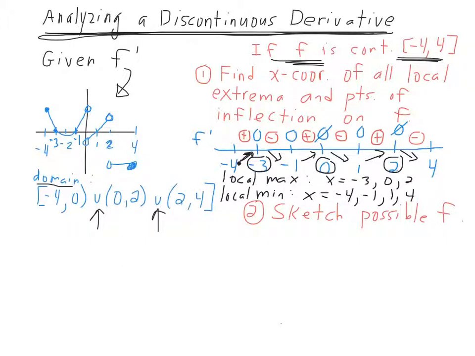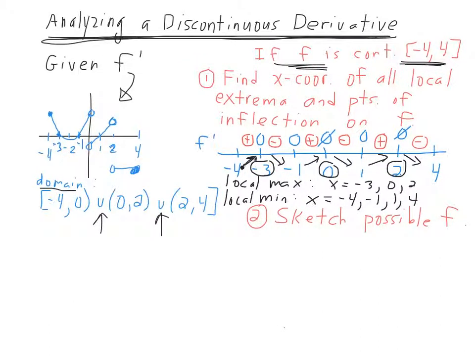So there's a local min there. And we're ending at 4. And since the function here is decreasing, okay, there's going to be a local min at 4 somewhere. Okay, so we have all those values for local min. Okay, the endpoints are included. Again, think about how the function is either increasing or decreasing.